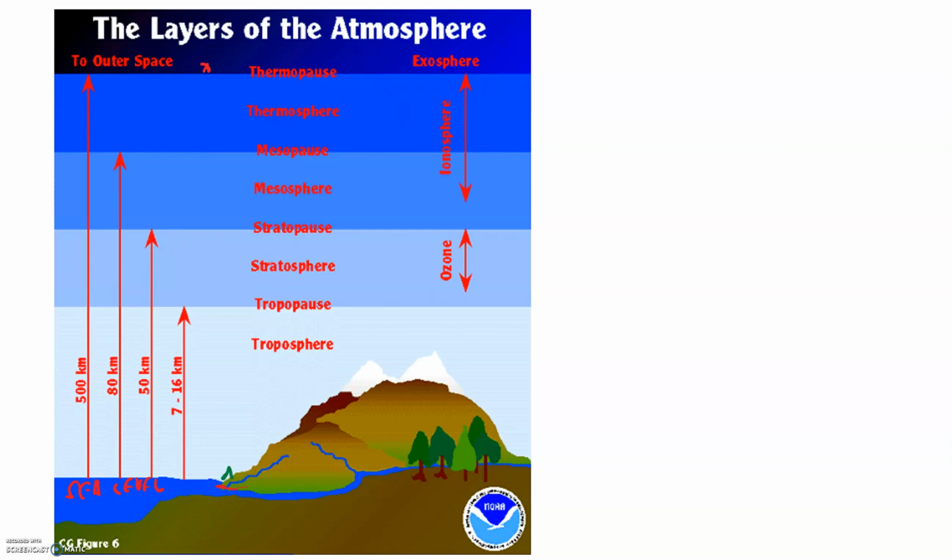But people who live here at sea level, they experience greater air pressure than people who go to the tops of mountains. That's why when you go up in an airplane, which is right around 30,000 feet, your ears pop. Well, that's because there's less air pressure.